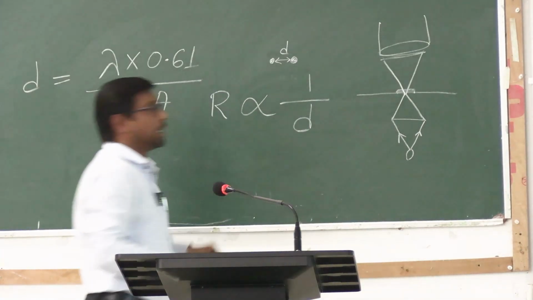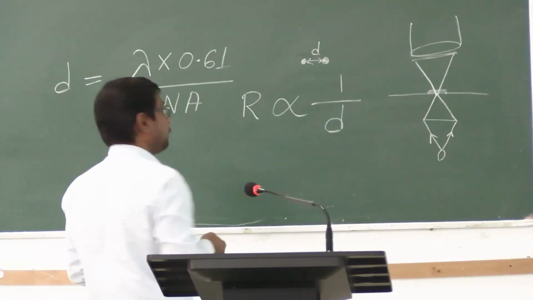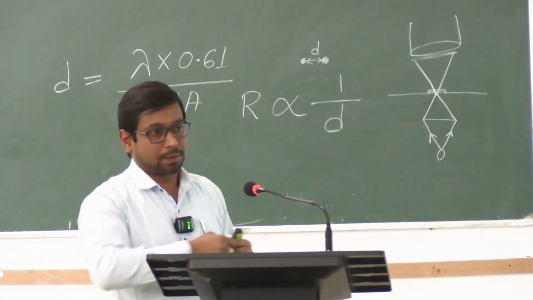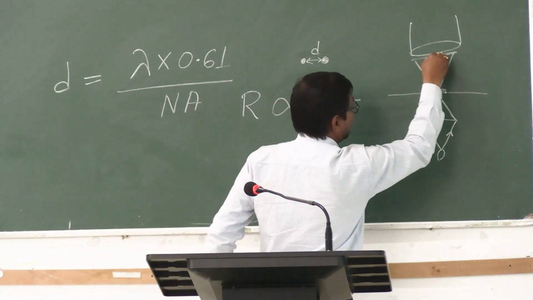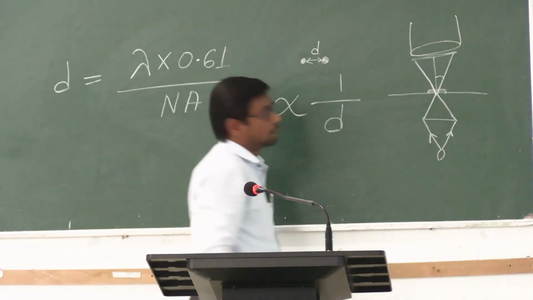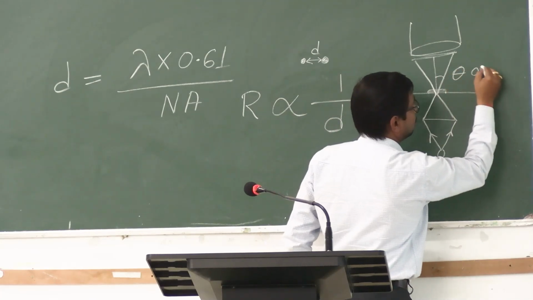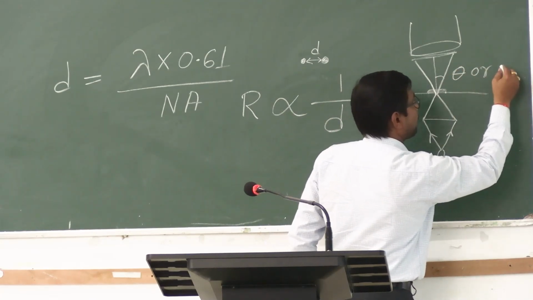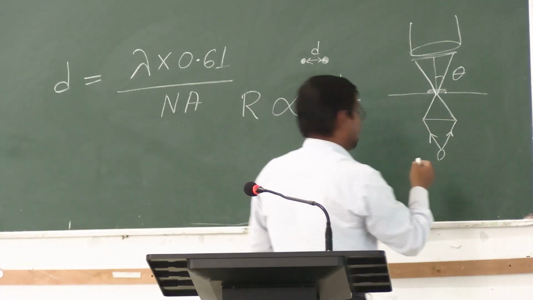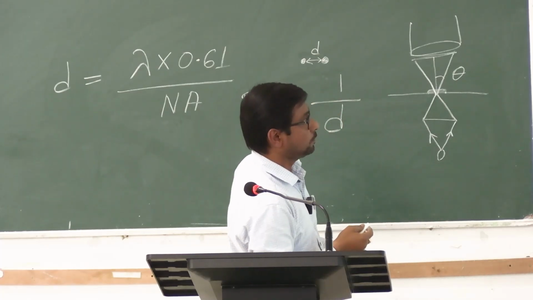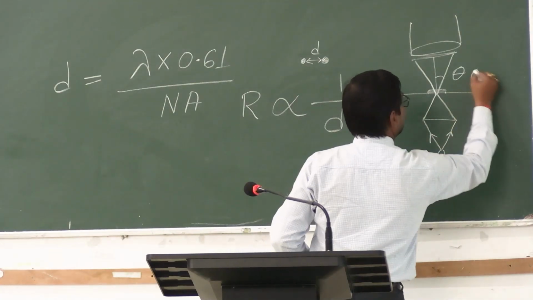And this numerical aperture depends on two other things, okay? That is refractive index, and another, the angle that forms in this cone. This angle is called theta, or we can say alpha.